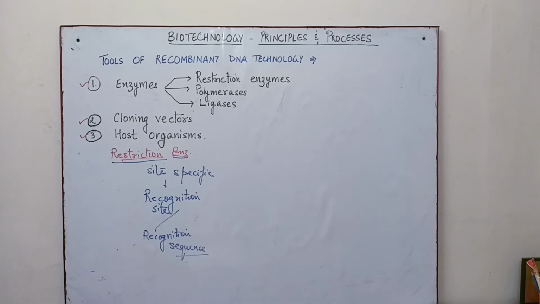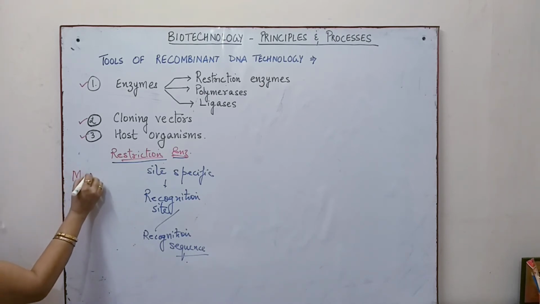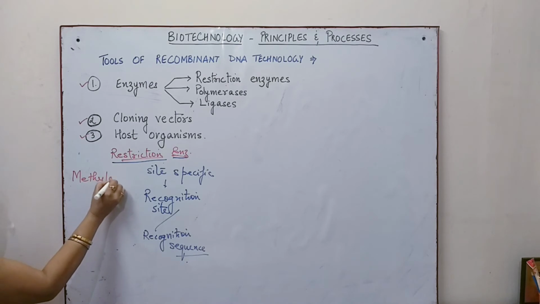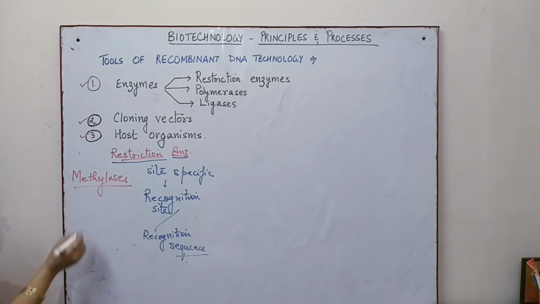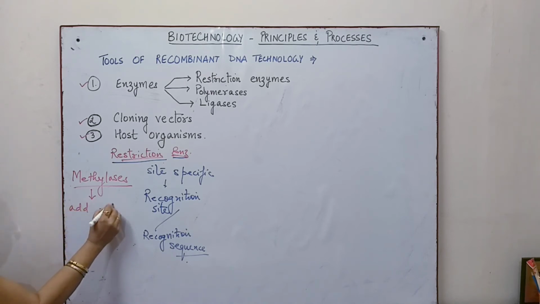So how does it protect itself from the action of restriction enzymes? It does so by the action of enzymes called methylases. This is another group of enzymes, and what do they do? They add a methyl group.